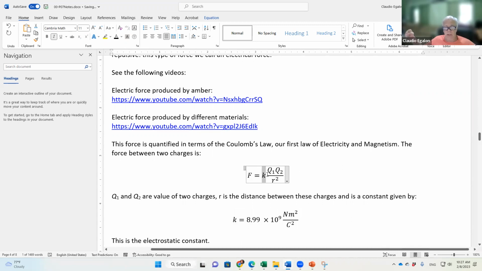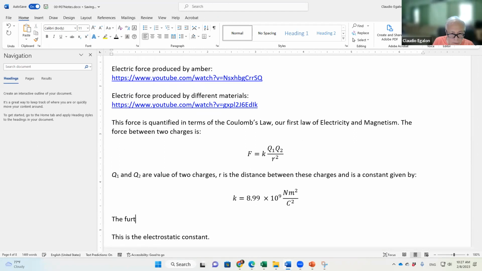Note that the further the charges are apart, the weaker the force is, right? Okay, so let's write that down here. The further the charges are apart, the weaker the electrostatic force is.